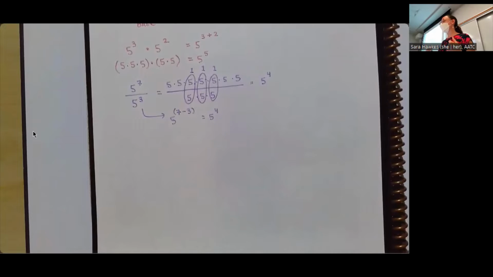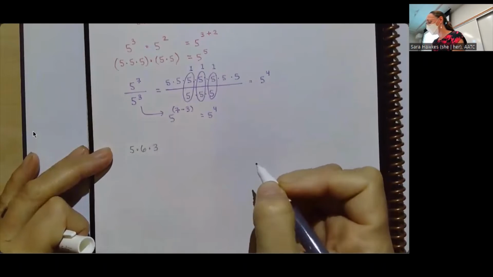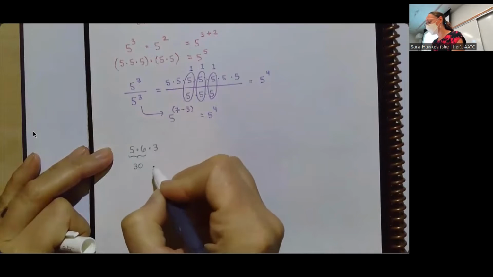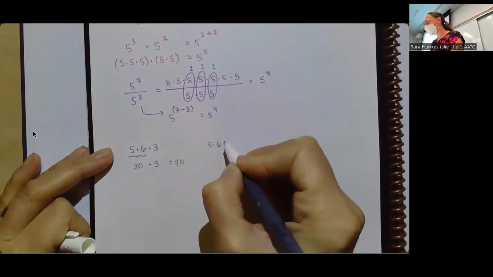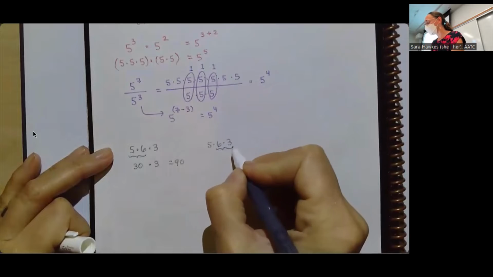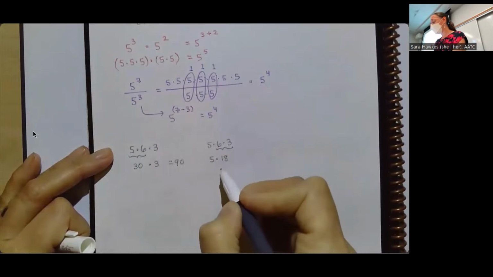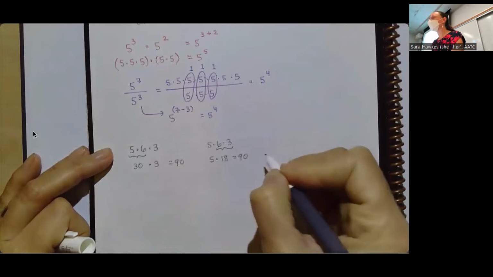Sometimes multiplying them in a particular order makes it easier for us to do it in our heads, but it doesn't change the outcome. So if I have 5 times 6 times 3, I can choose to multiply the 5 times 6 first, and then multiply that by 3. Or I can choose to multiply the 6 times 3 first. What is 6 times 3? I don't know that in my head, but it should be 90.